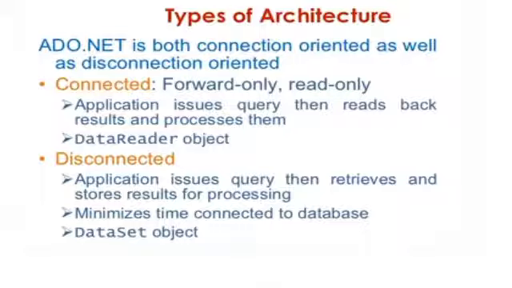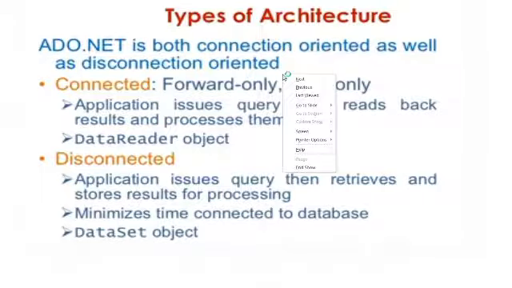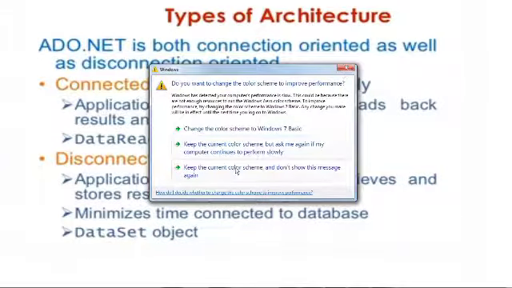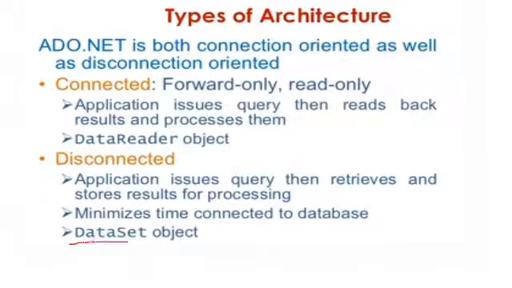The application issues a query, then retrieves and stores results for processing, minimizing time connected to the database. The example for this is the dataset, and data reader is for connected architecture.